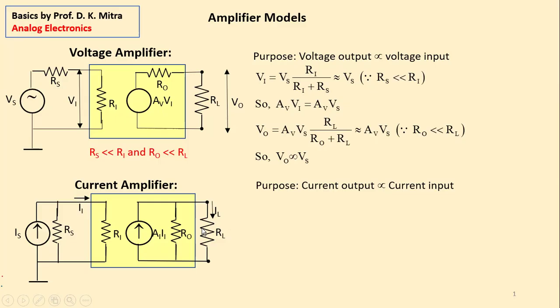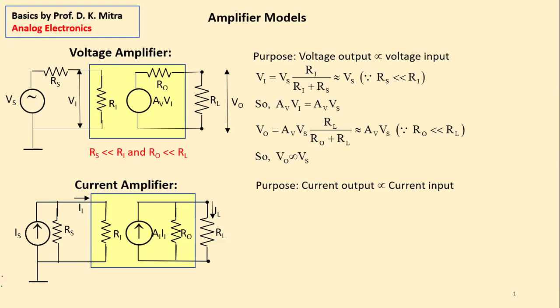And this is the output load as usual. Here, this is the current input because the purpose is to amplify the current. Here it was a voltage source. Here it is a current source. And once again, a current source will have a resistance in parallel to this. This is a Norton equivalent of a current source.